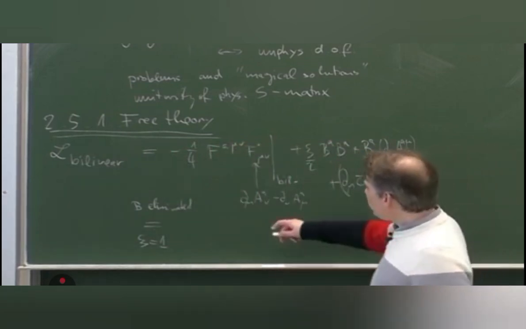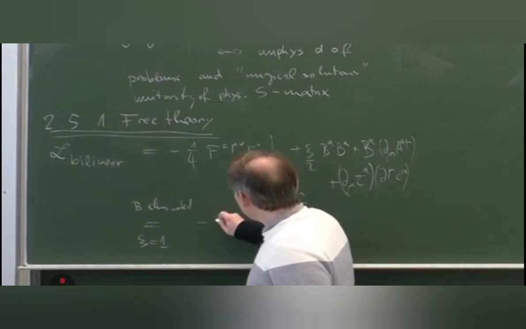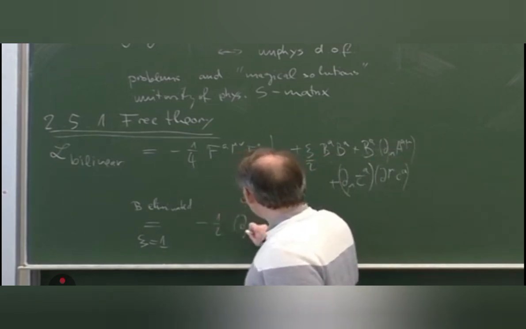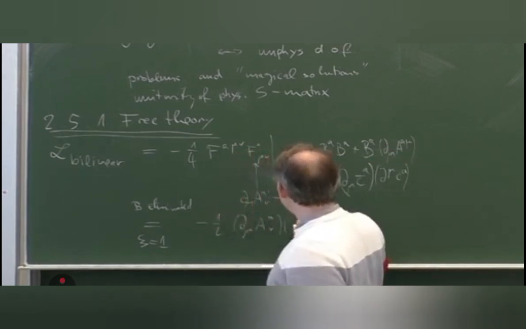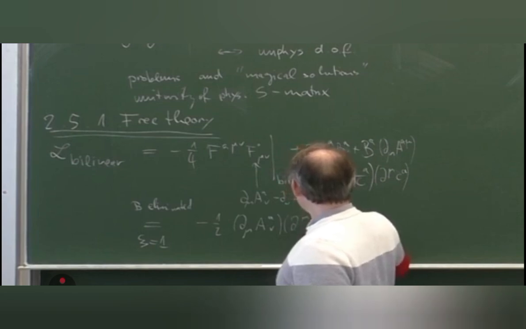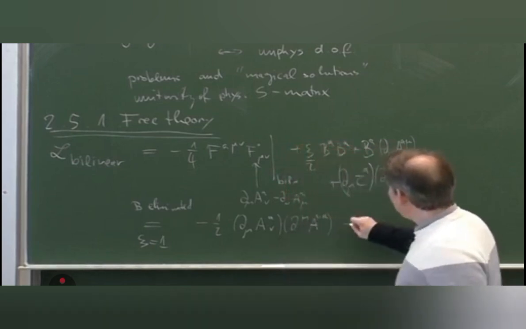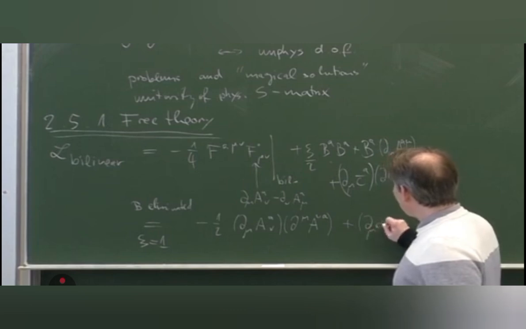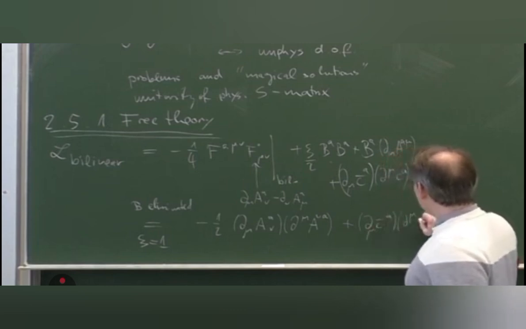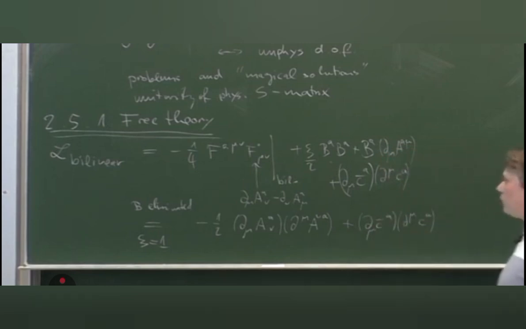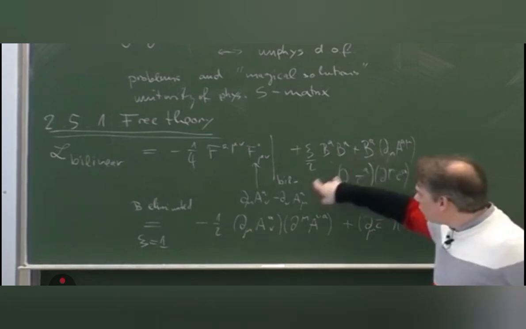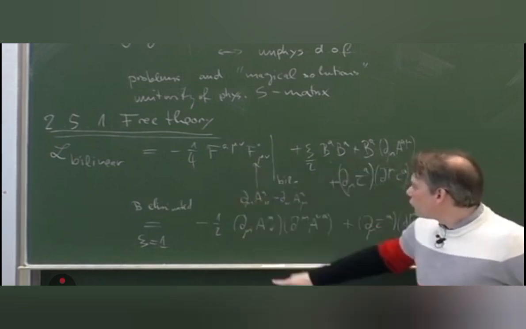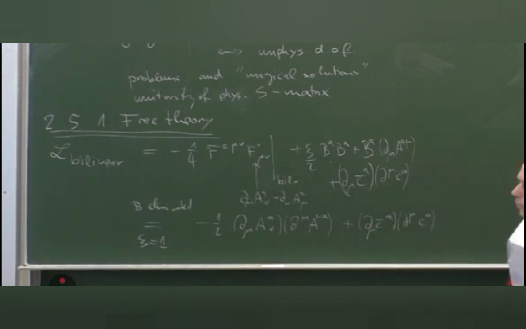Then we obtain the following: minus 1/2 ∂_μ A_ν^a ∂^μ A^{νa} plus ∂_μ c̄^a ∂^μ c^a. That's all. Okay, so the B field was eliminated. That gives us a gauge fixing term. The gauge fixing term combines with the field strength tensor term to this simple result, and the ghost remains unchanged.